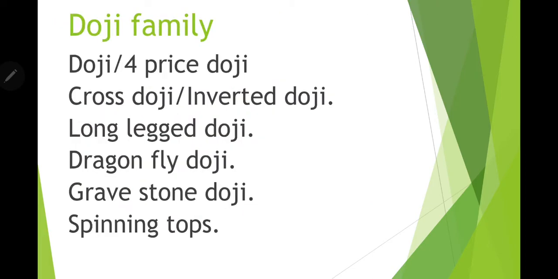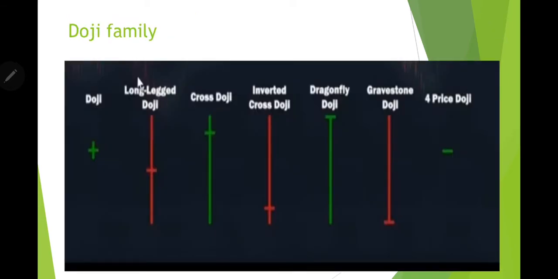Under the Doji family, we've got the Doji, the four-price Doji, cross Doji, inverted Doji, long-legged Doji, dragonfly Doji, gravestone Doji, and the spinning tops. The following are examples of the Doji candles.